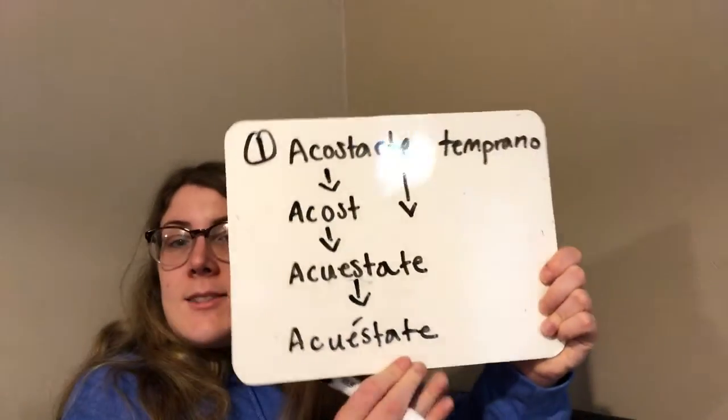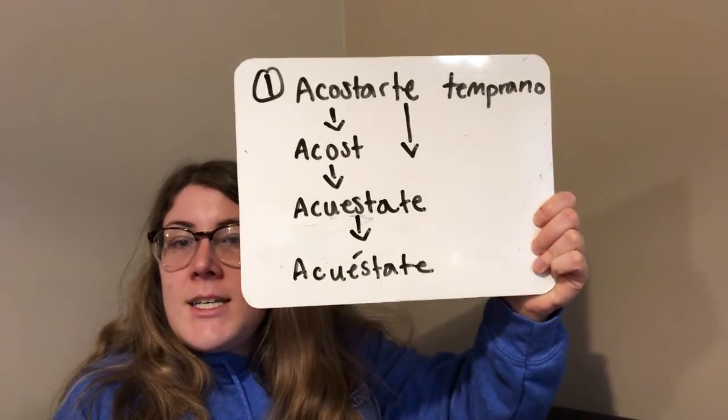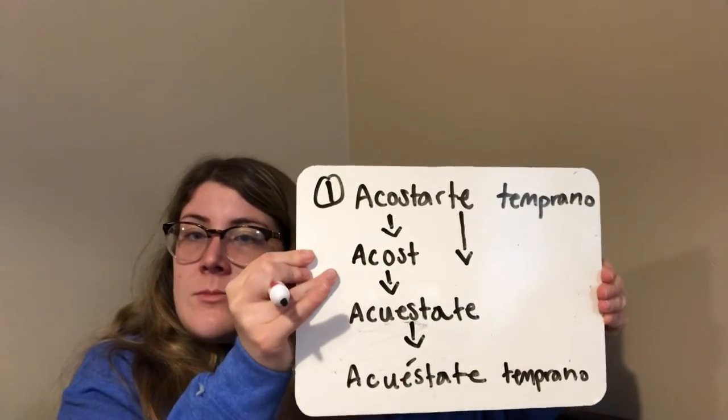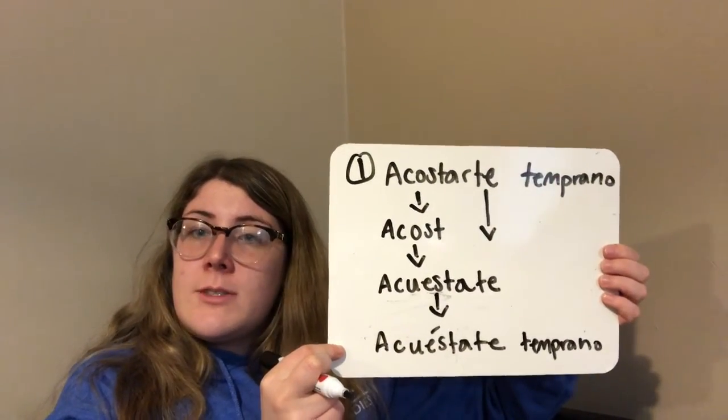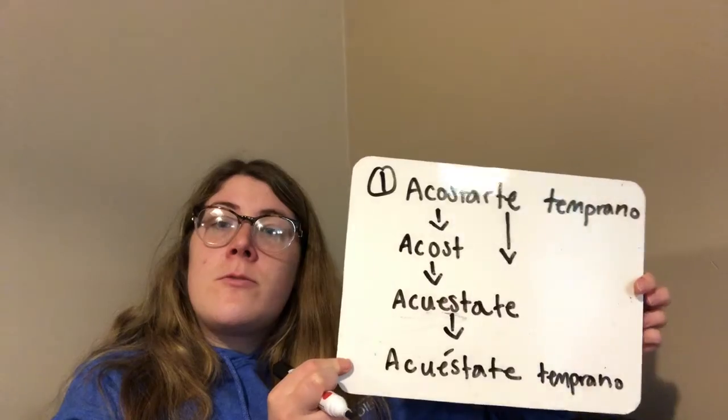So I'll write that out for you so you can see it. Acuéstate. So my E gets a written accent mark, and then I just add temprano to the end. Acuéstate temprano. And that's all you do for the assignment. Ponte en forma.